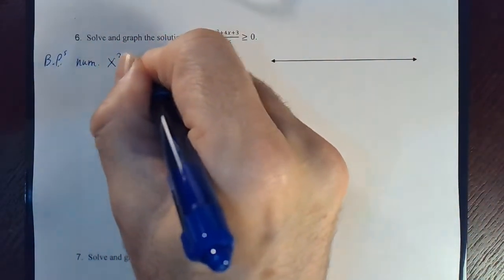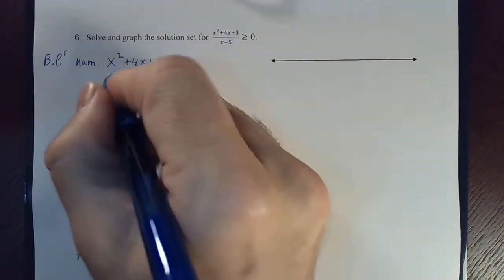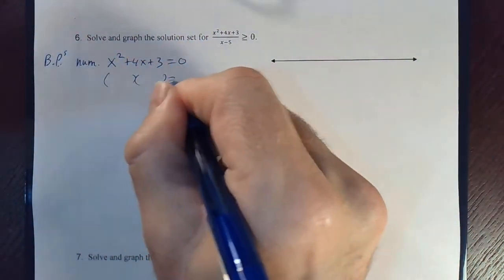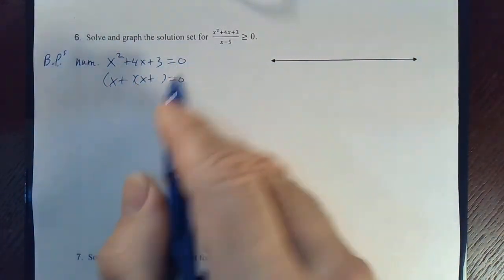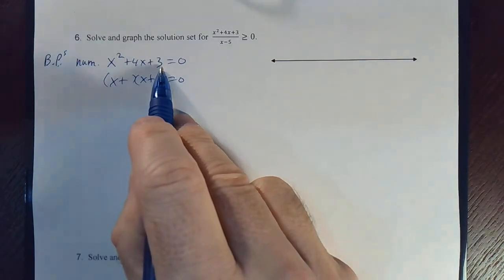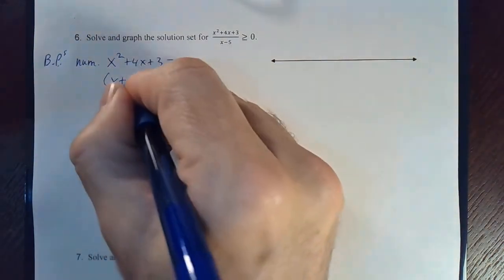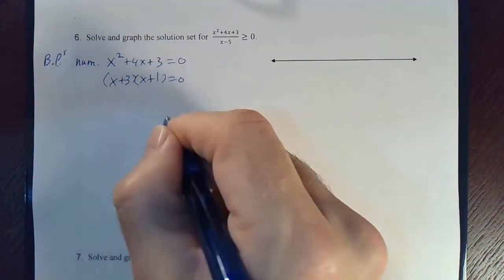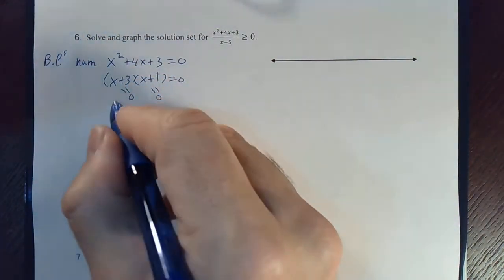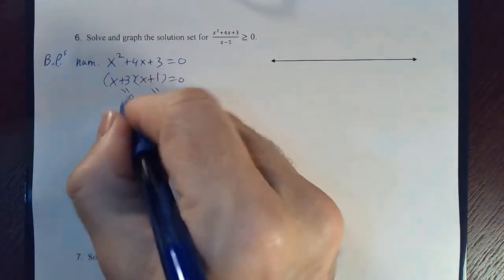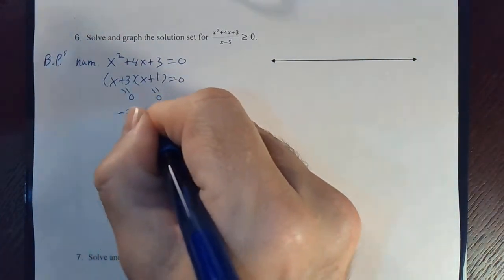And we get x squared plus 4x plus 3, set that equal to 0. And then we'll factor. So we'd have an x and an x and a plus, because the two numbers multiply to 3 and they add to 4. So that would be a 3 and a 1. So setting each of those factors to 0 would give us boundary points of -3 and -1.